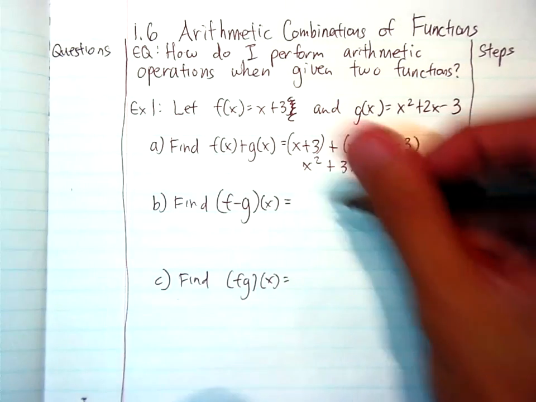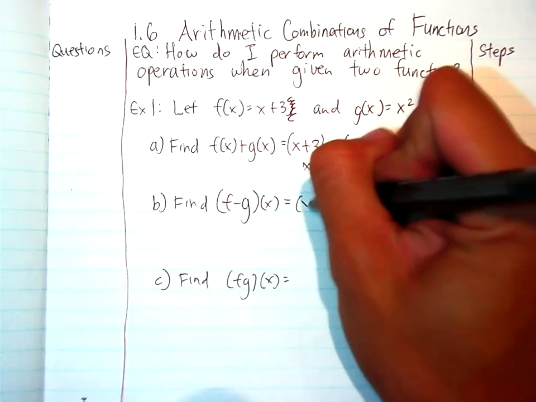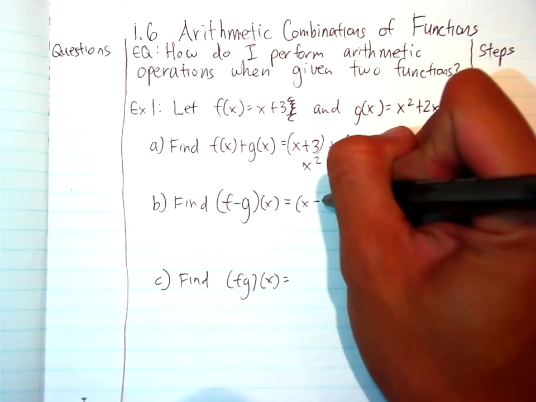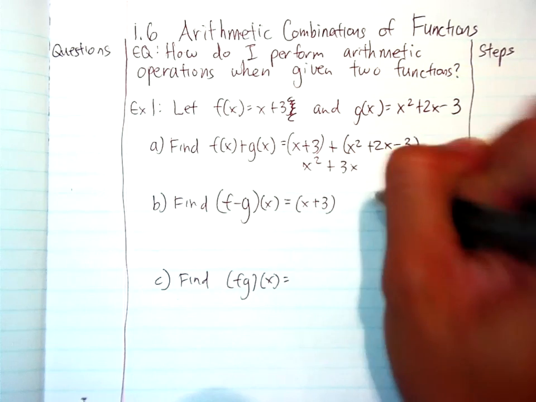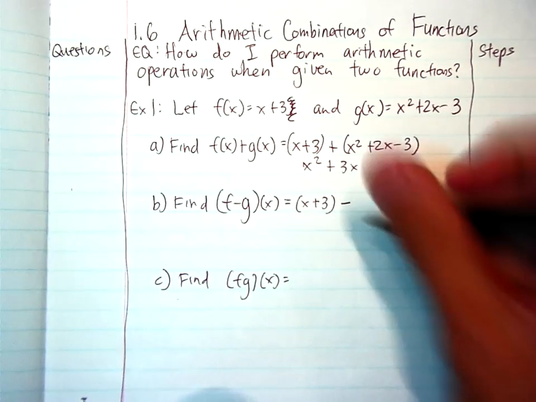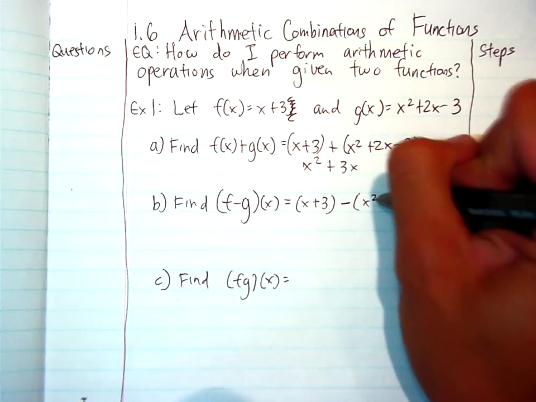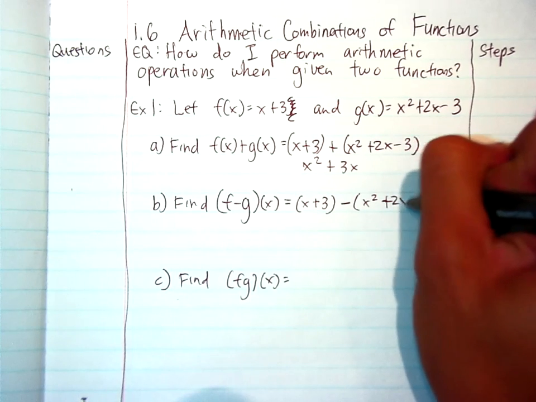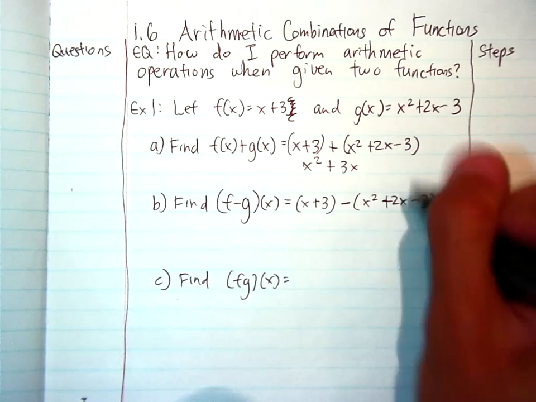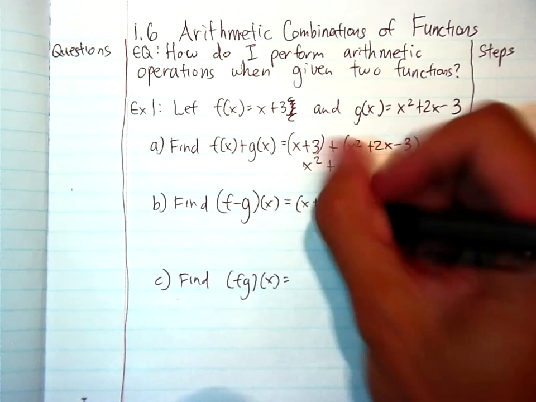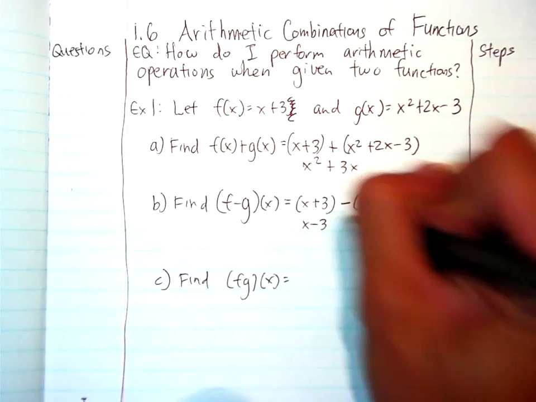Okay, for f minus g of x, I have to make sure I write it in the right order, so I distribute the correct sign. So I know it's x plus 3 minus x squared plus 2x minus 3. And I will have to distribute this negative sign to each term of the second parentheses.